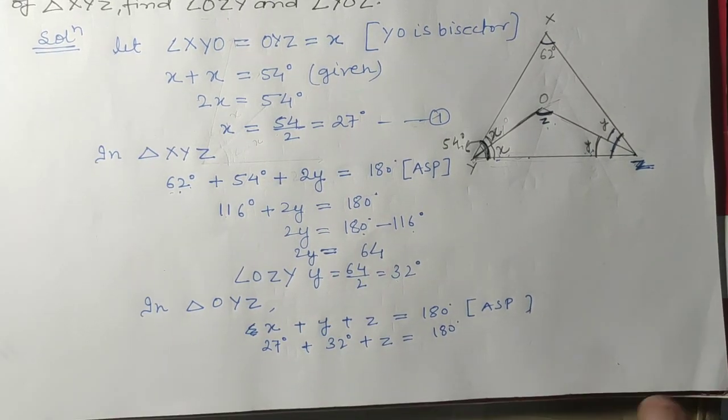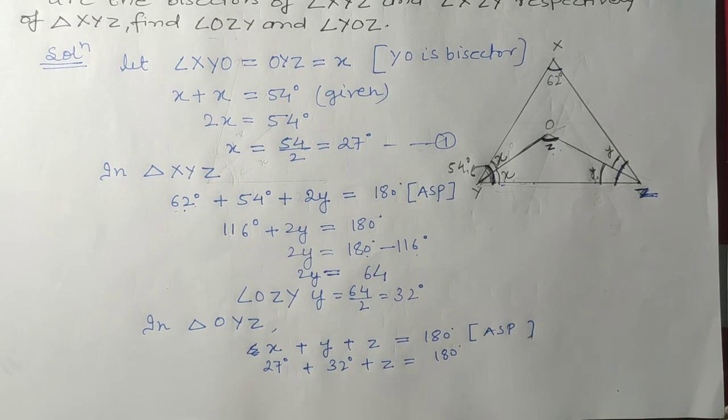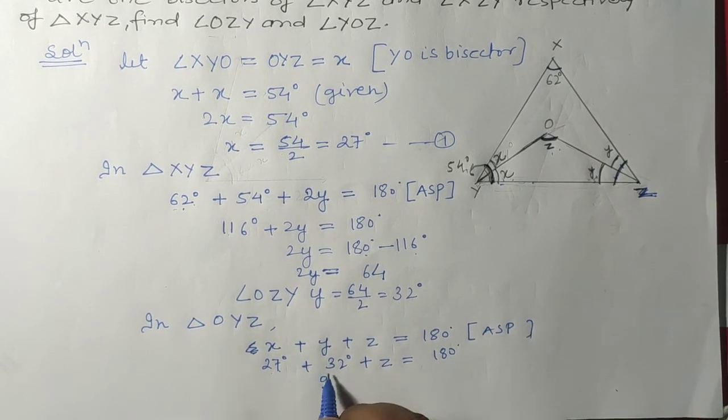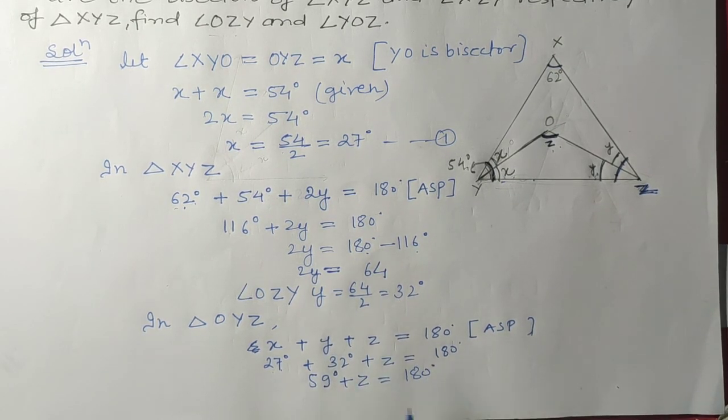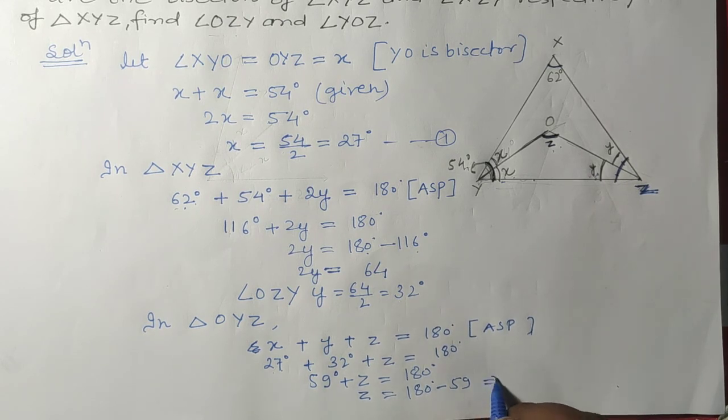So what will be the value of z? 27 plus 32 is 59 degrees, plus z is equal to 180 degrees. So z is equal to 180 degrees minus 59. That is 10 minus 9, which is 1, and 7 minus 5, which is 2, and it will be 1.